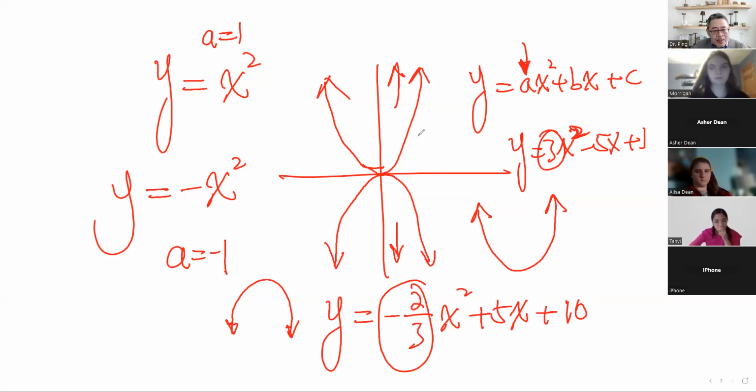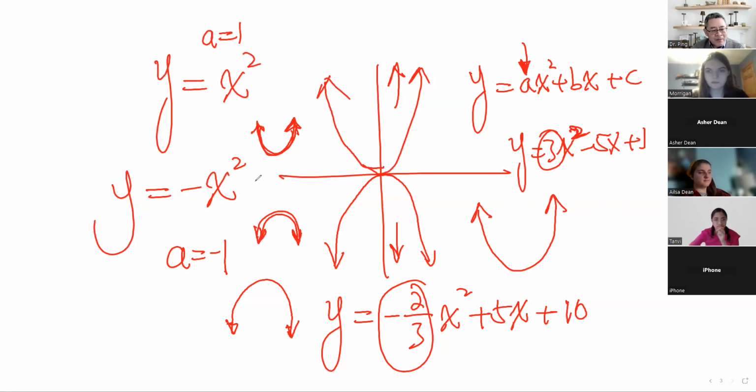If you want to remember this, one way is that this is more like smiling, and this is kind of sad, I guess like the lips. So positive is good, negative is sad, so you get this frowning face.